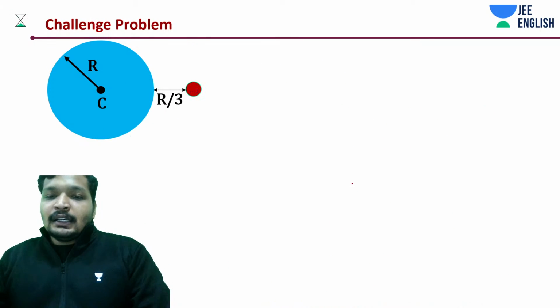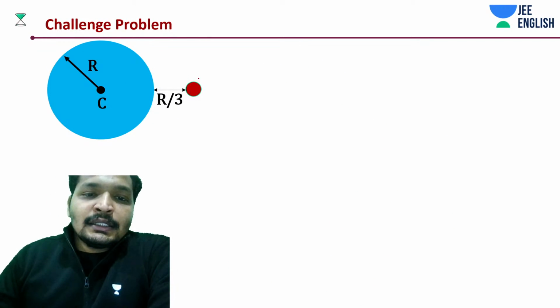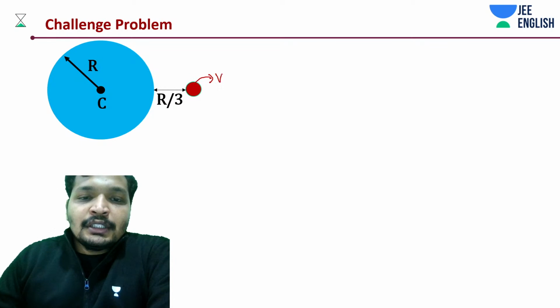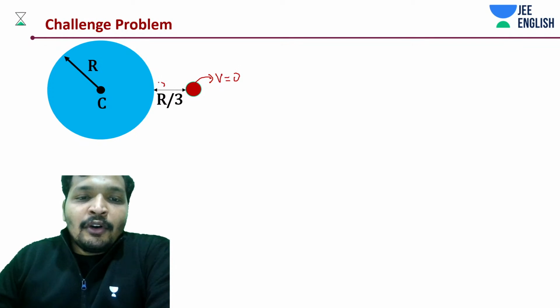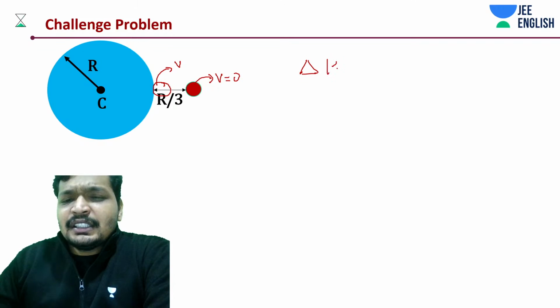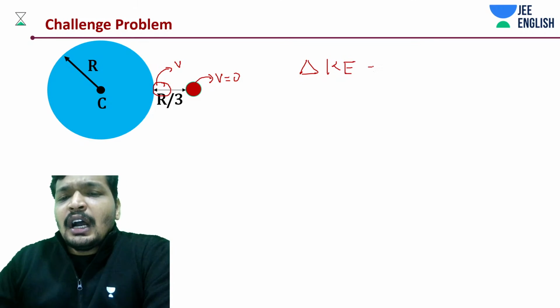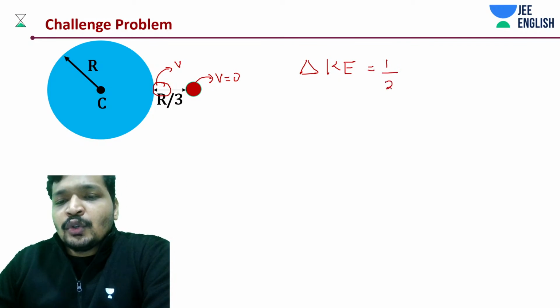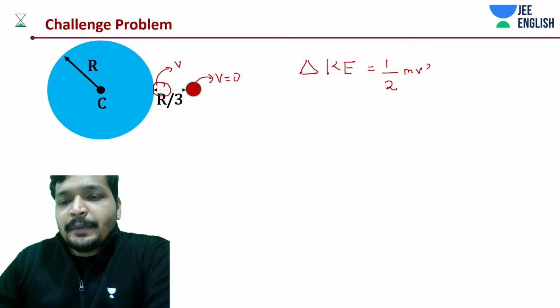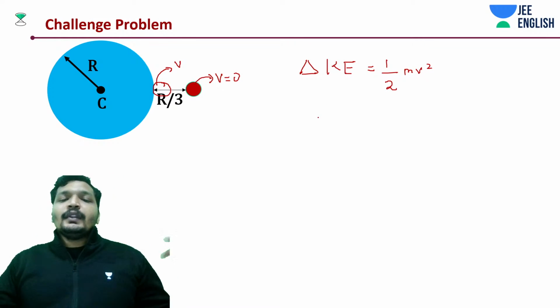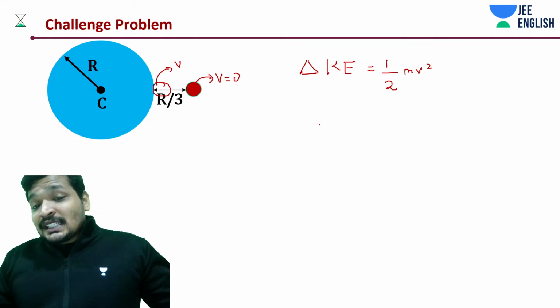So at this place the velocity was 0 and the ball reached here, and let's say it has a velocity v. Now what is the kinetic energy gained in this case? It is going to be half of m into v square. Okay. Now, what was the change in potential energy?